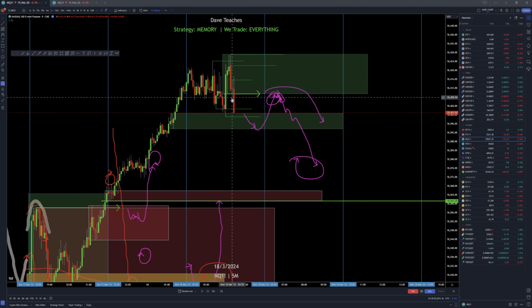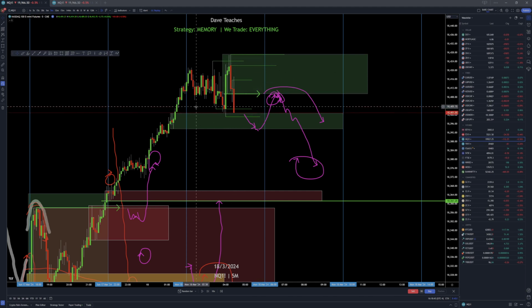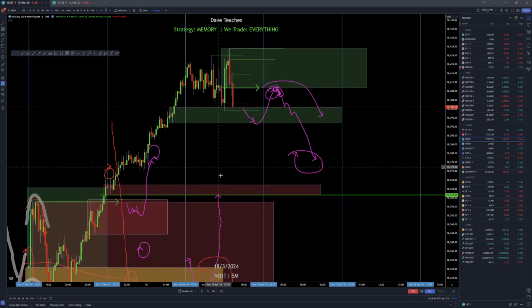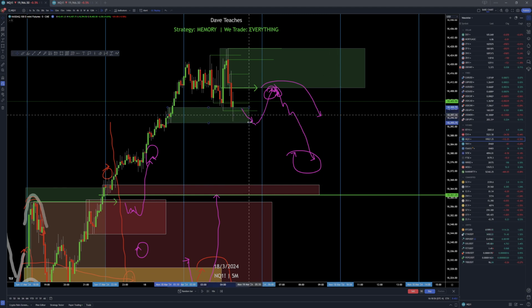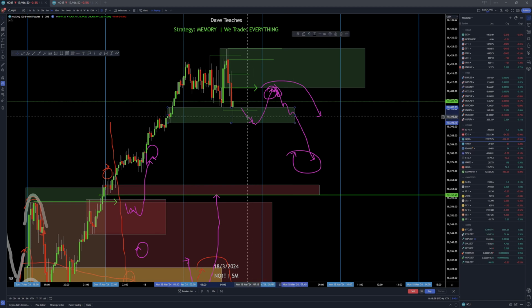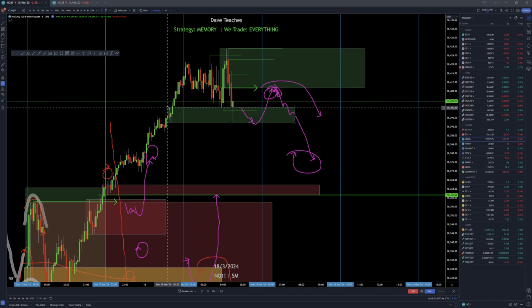Yeah, so this fractal here between 420 and 425 and the up move there. You see that bounce on there? Sorry, right at this high.